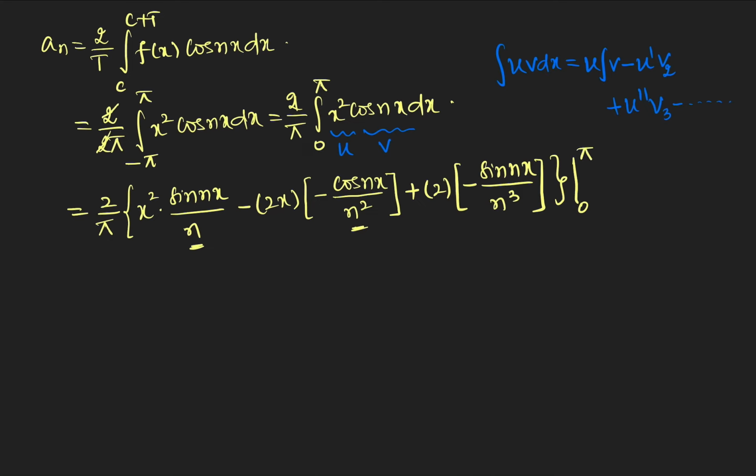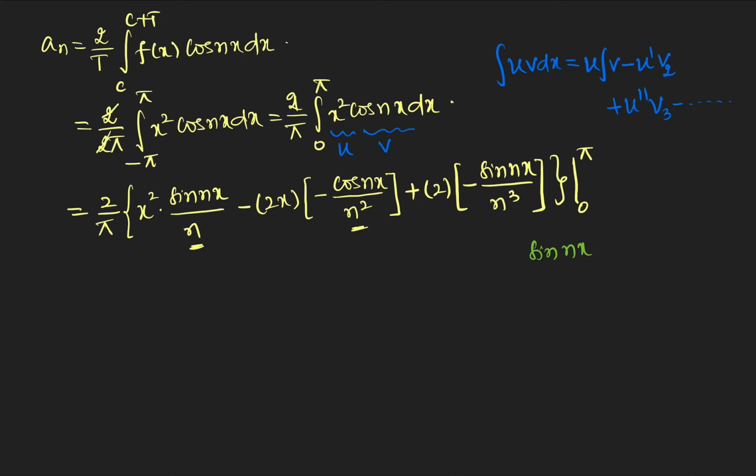Now, to apply the limits, we need to replace x by pi and x by 0. Here we have only sine and cosine terms, so first we can list out a few values.